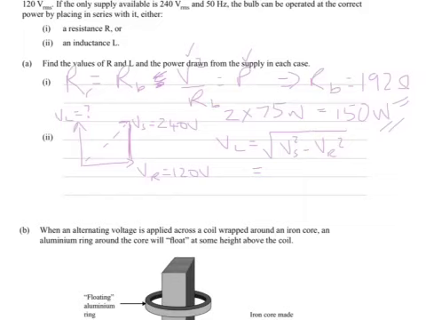Next thing, we know that the reactance of the inductor is like resistance for Ohm's law, R equals V over I. The reactance equals the voltage across the inductor over the current running through.